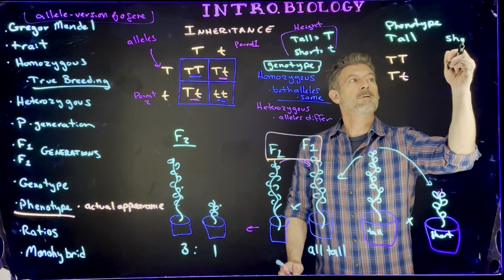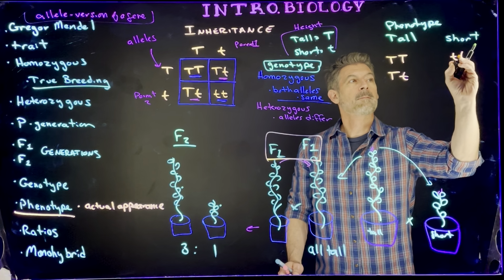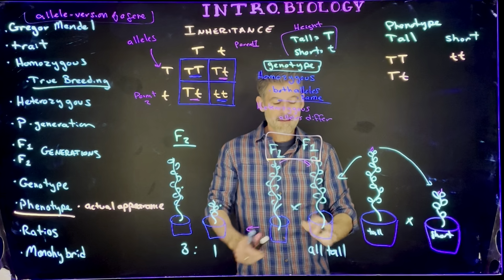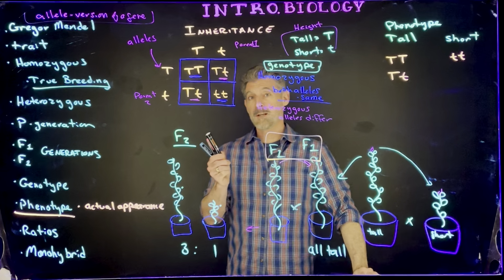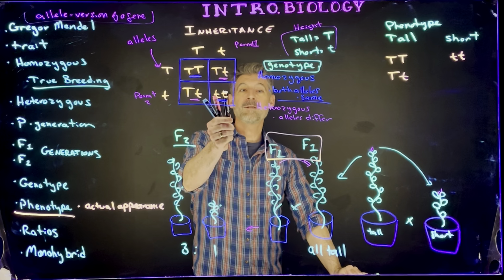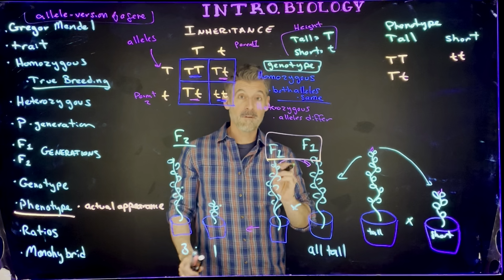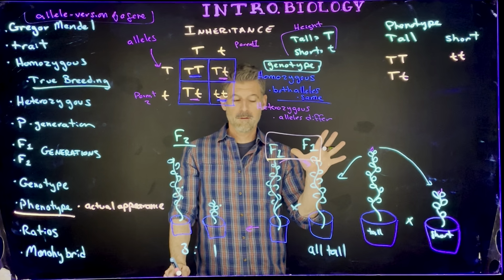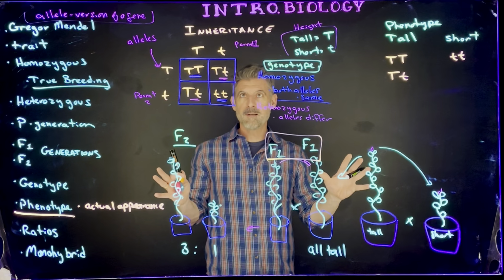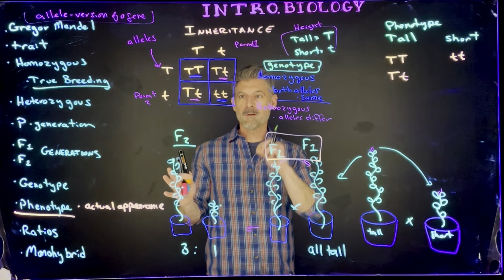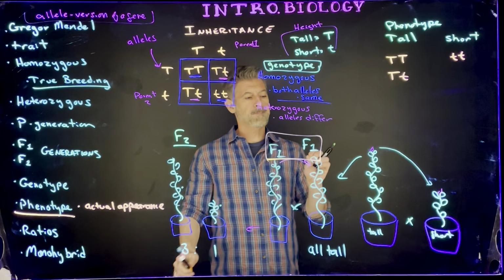So for the short phenotype, we only have one possibility. Because it is recessive, you can only see this particular phenotype when it is homozygous recessive. That's the only time we can do it. This is going to become extremely important as we move on. We're still going to have more to do with Mendelian inheritance. I'm going to have another video explanation of working out a couple different types of problems.